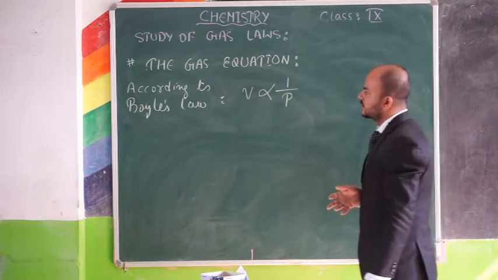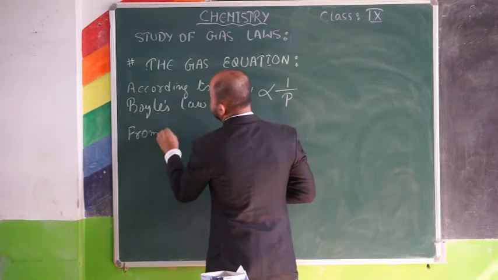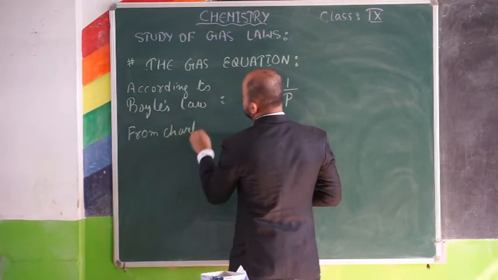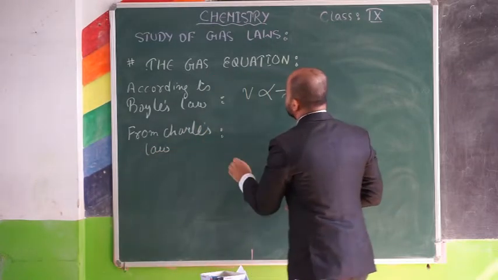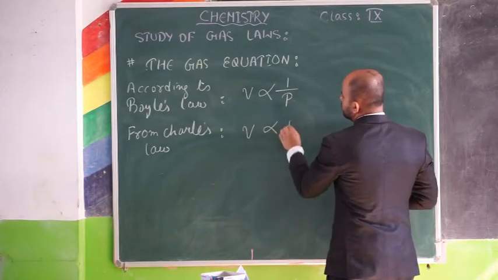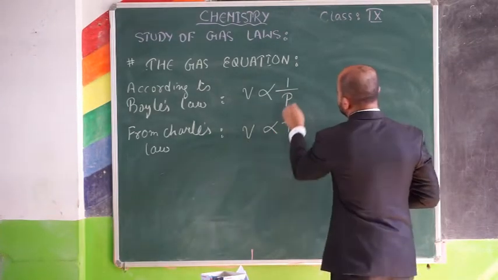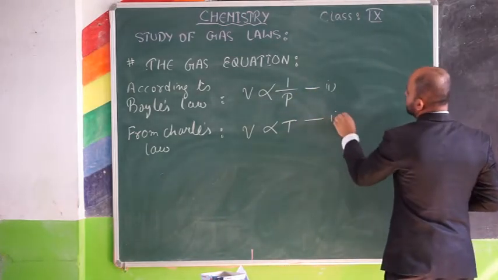Yes or no? Similarly, from Charles law, what do we have? We got volume was directly proportional to temperature. So this is equation number 1, which is for Boyle's law, and this is for Charles law.